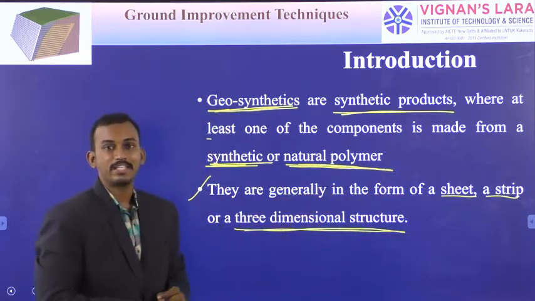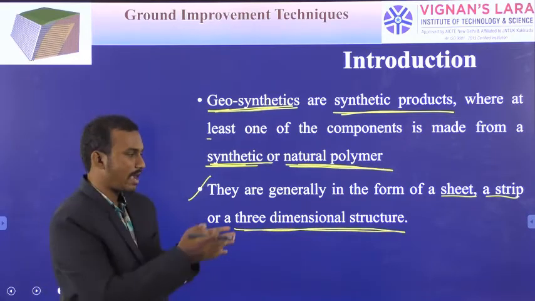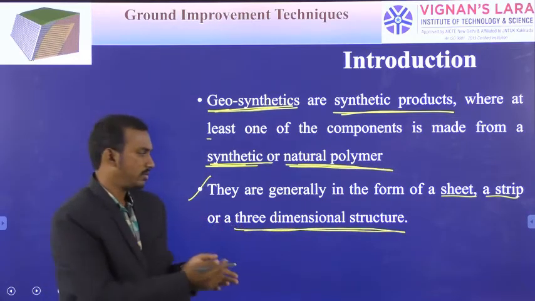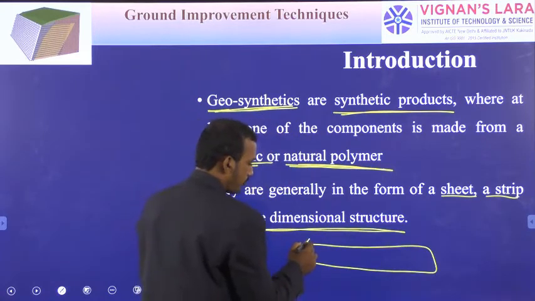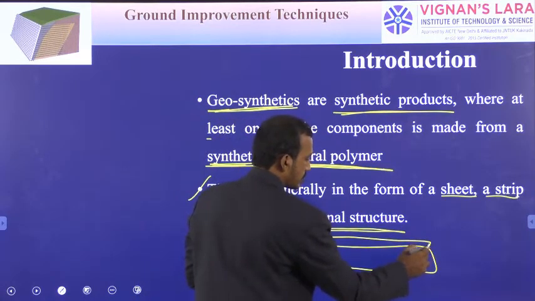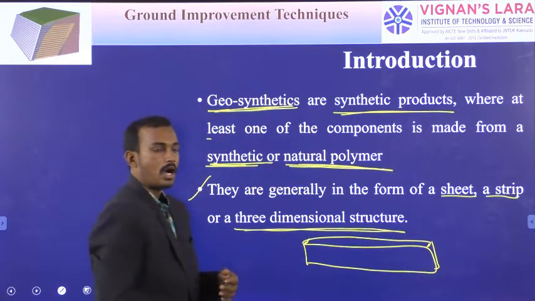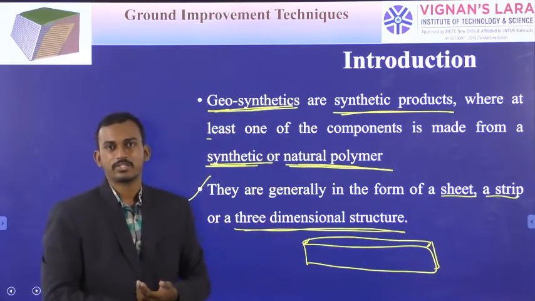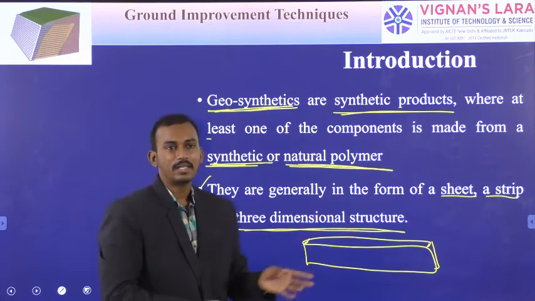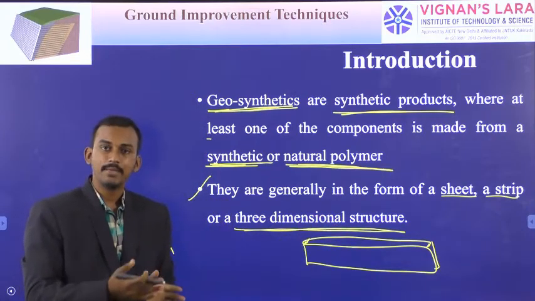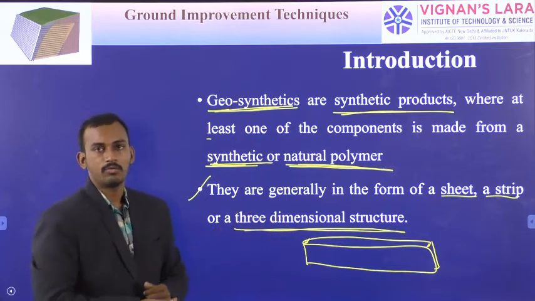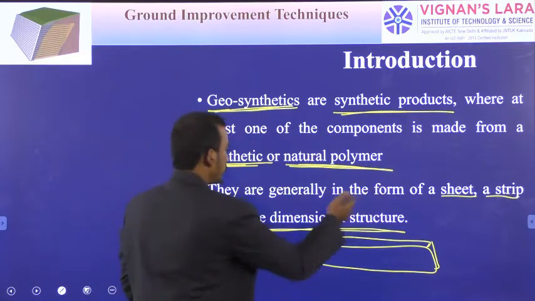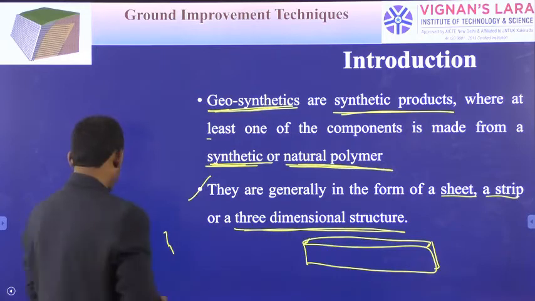The second one is a strip, which has some width and a very small thickness. Or it might be a three-dimensional structure, basically a grid type. These are the three available forms of geosynthetics.